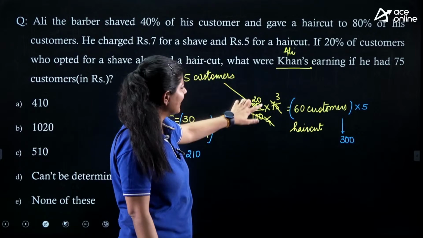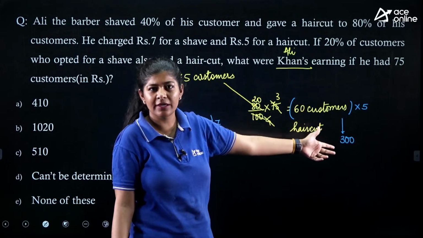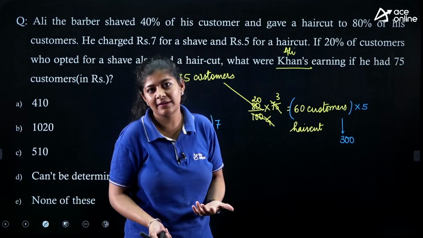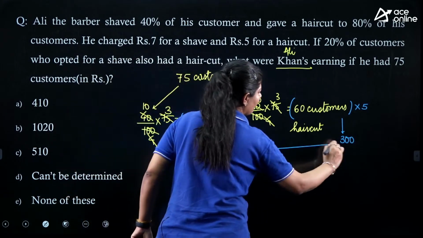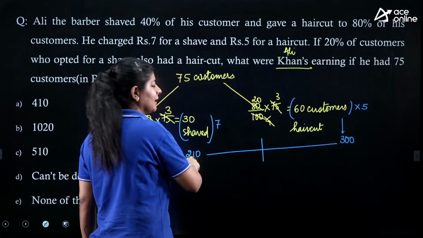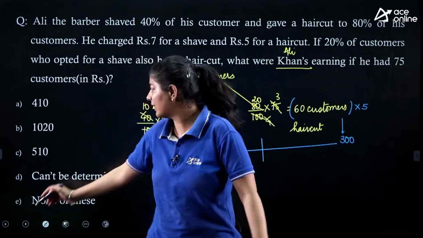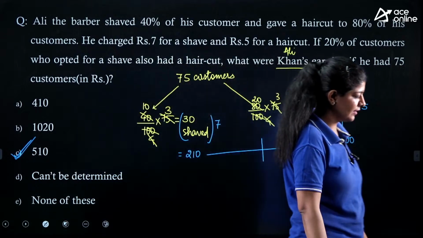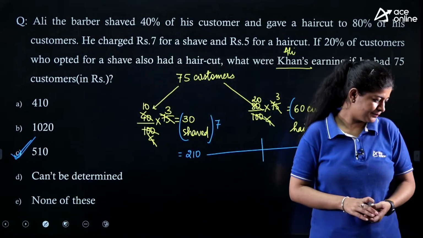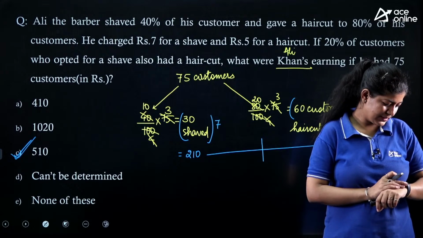I guess this 80% already includes it, so there's no need to add the extra value. So basically we need to find out the income, which is nothing but 210 plus 300, and option number C is the correct one. 510 is the total earning, right? Option number C is the correct one.